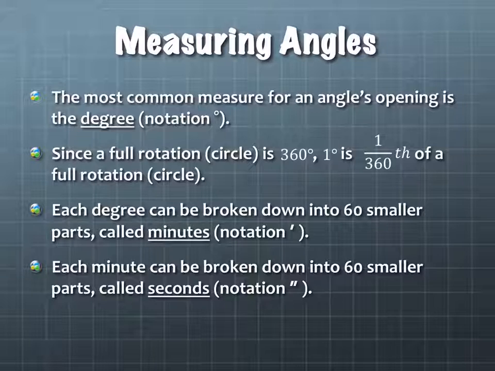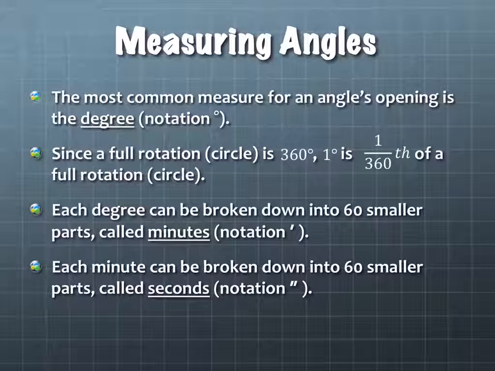So the notation for degree is that little circle in the sky. Looks like a little circle that's up elevated. Since a full rotation or a circle is 360 degrees, 1 degree would be 1/360th of a full rotation. Each degree can be broken down into 60 smaller parts called minutes.